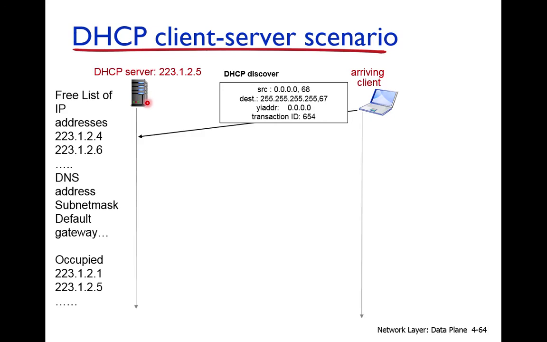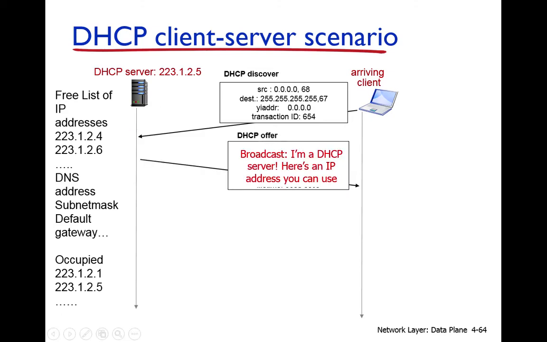It will respond with what? First, it will respond with its own IP address, saying I am the DHCP server. Second, it will send the message DHCP offer, and this message will also be broadcast. Why? Because this machine doesn't have an IP address, so it is broadcast to be received by each and every one.